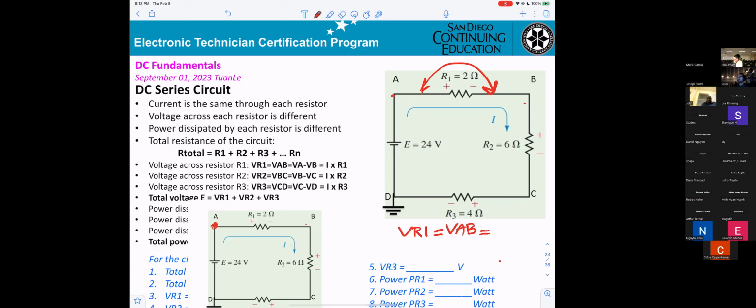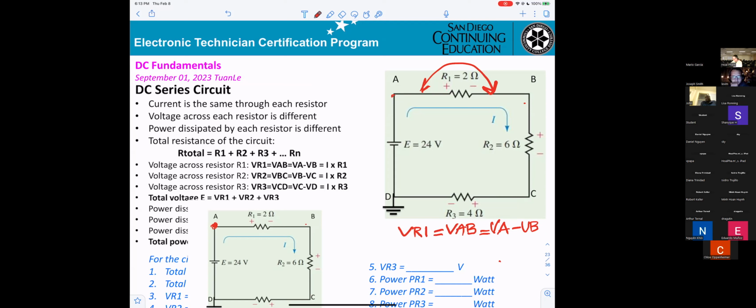Also, VAB always equals VA minus VB. Remember, if I say VAB, you must understand that means voltage from A to B, VA minus VB.